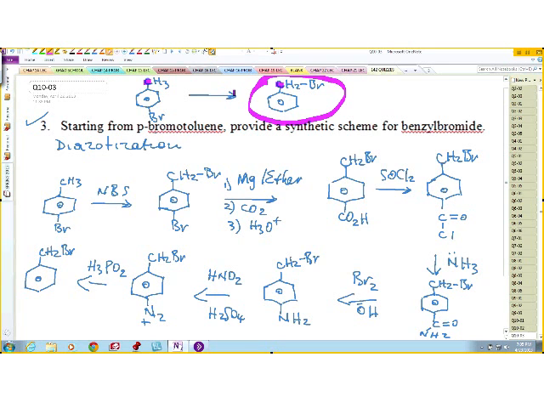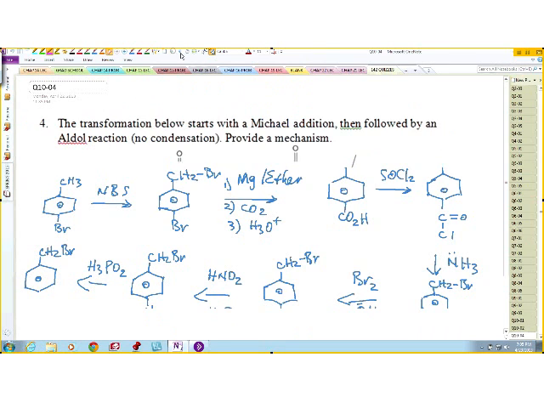Okay. So once you know those individual reactions, then you will be able to think critically to design the pathway to your product from your starting material. Okay, let us go to the next one.